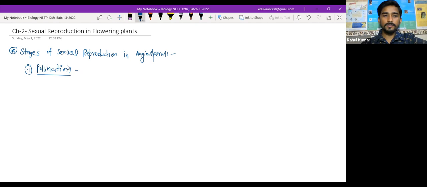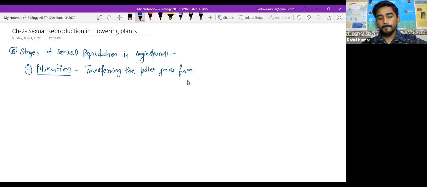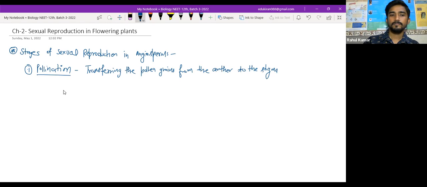And write down, pollination is the process of transferring the pollen grains from the anther to the stigma of the same or different flower.